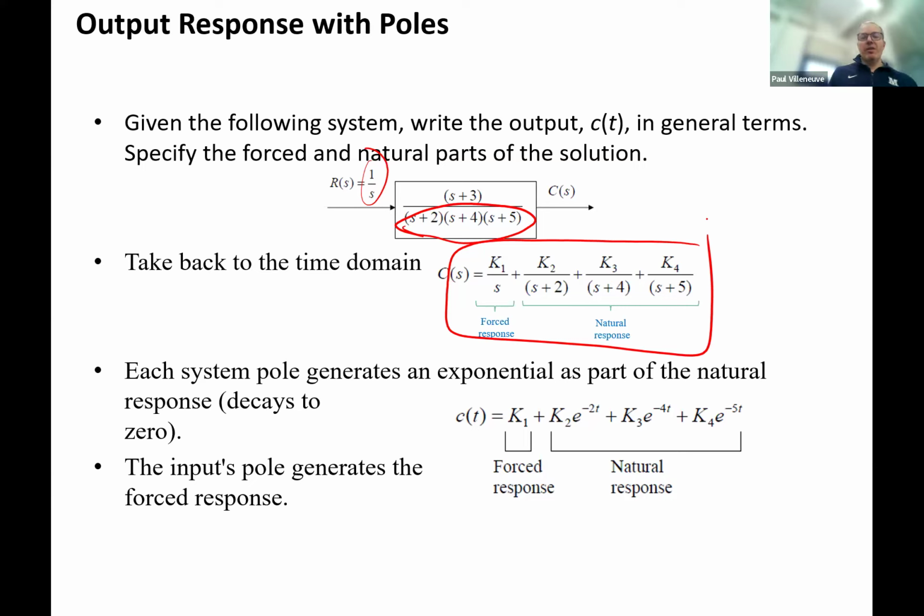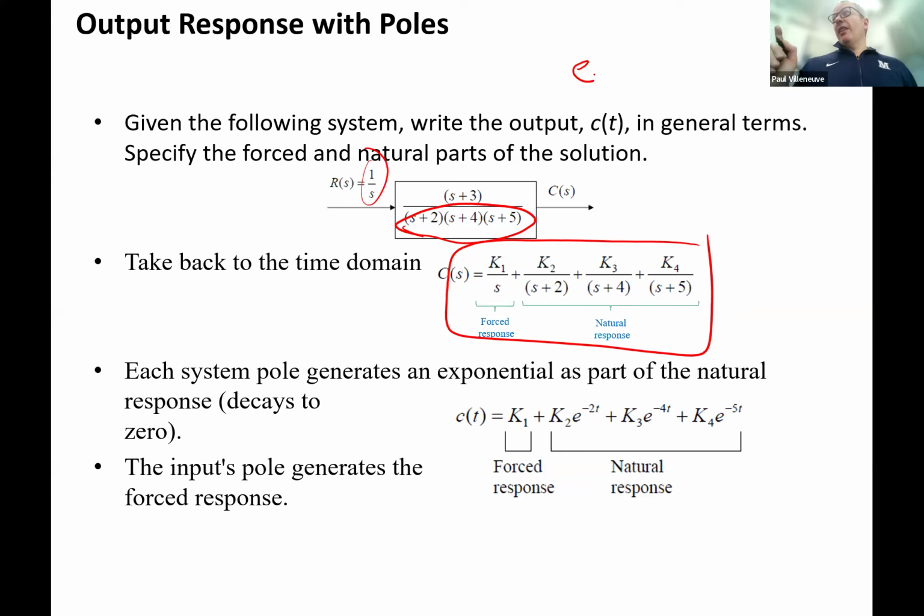Out of the 3, which one is going to decay faster? K2, K3, K4. Hard? K4? Here's what I would say.